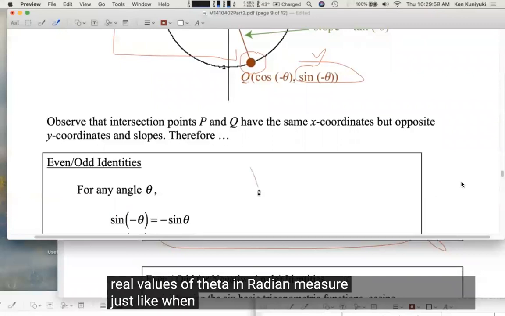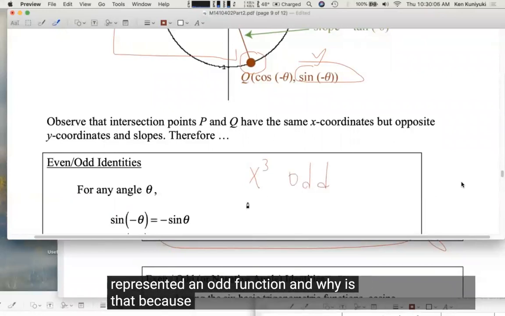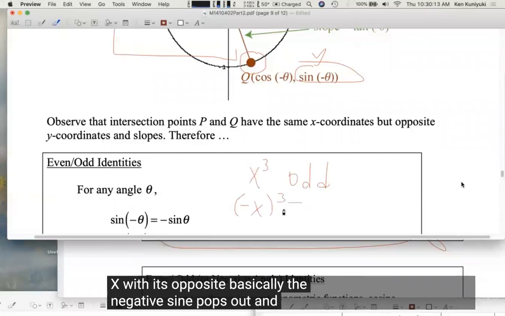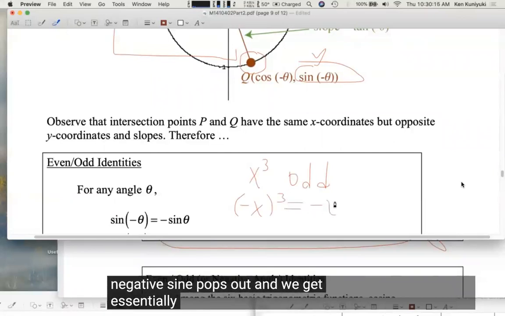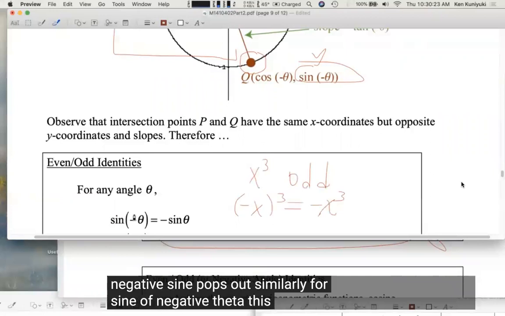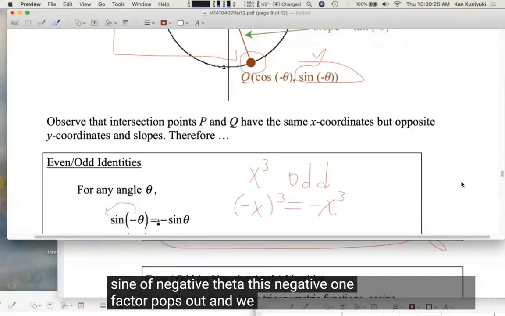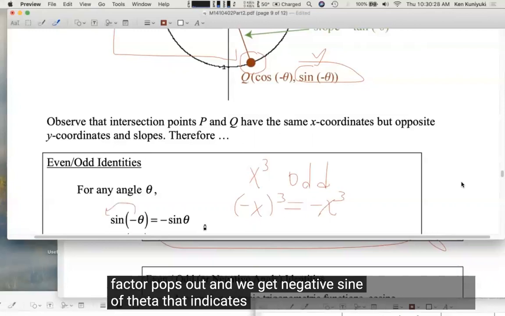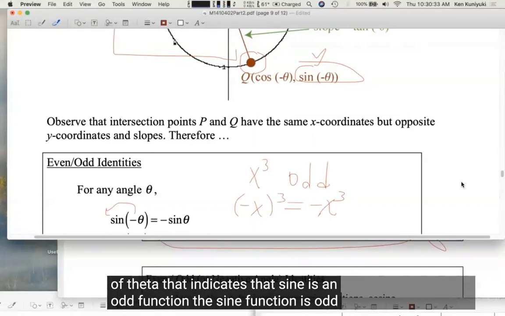Just like when we considered the x cubed function, which represented an odd function. Why is that? Because if we substitute x with its opposite, the negative sign pops out and we get essentially negative x cubed. Similarly, for sine of negative theta, this -1 factor pops out and we get negative sine of theta. That indicates that sine is an odd function.